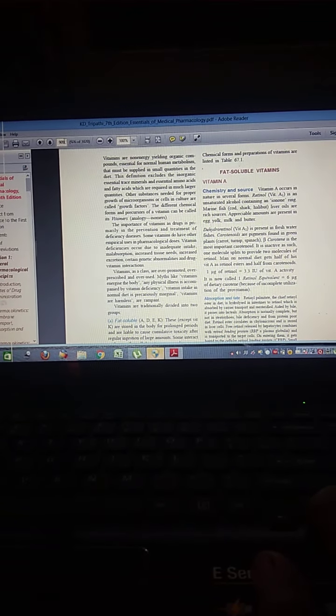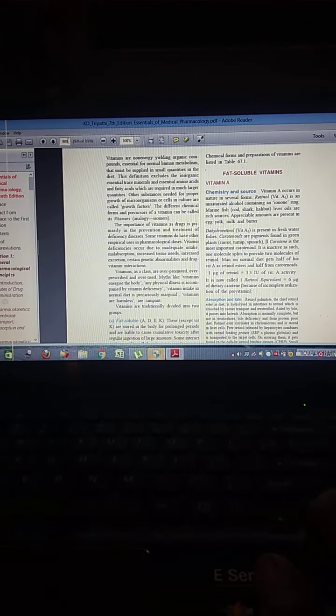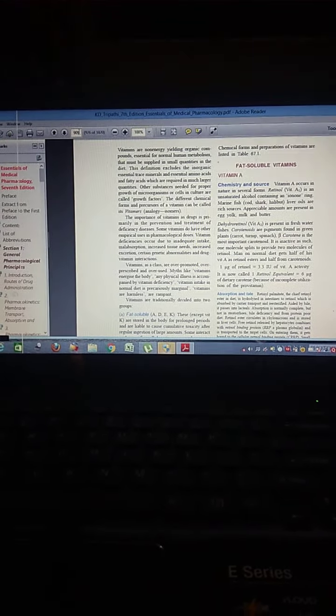Dehydroretinol is present in fresh water fishes, and carotenoids are pigments found in green plants like carrot, turnips, and spinach. Beta carotene is the most important carotenoid. It is inactive as such, and the molecule splits to provide two molecules of retinol.